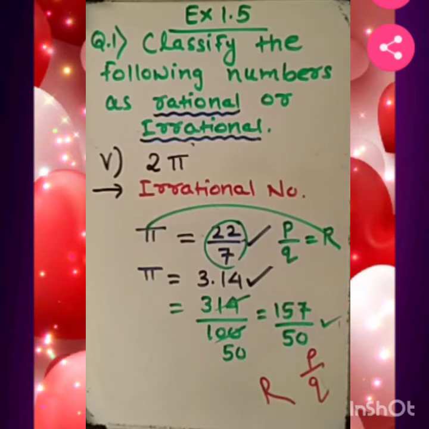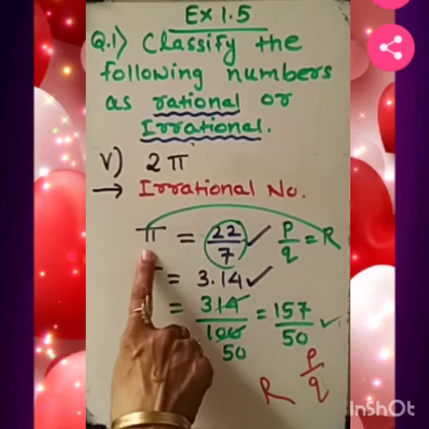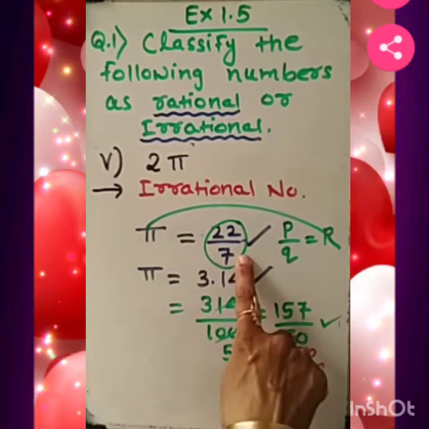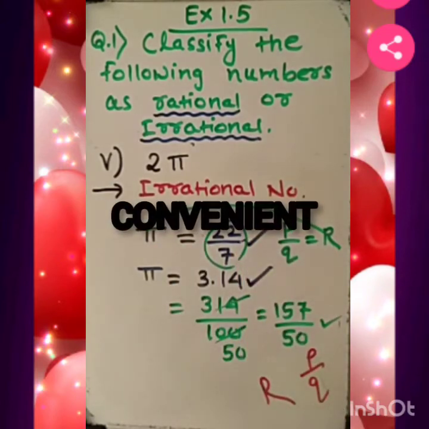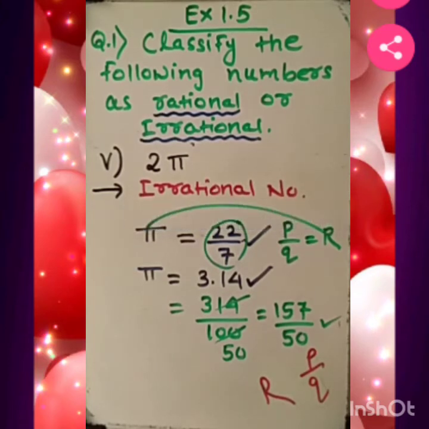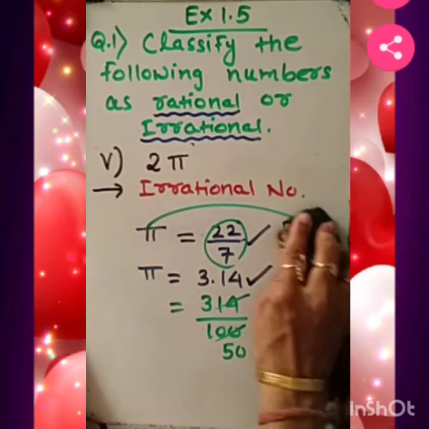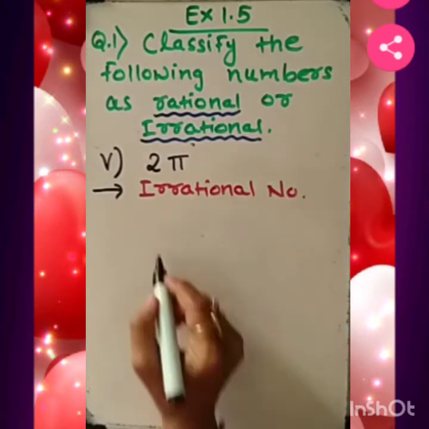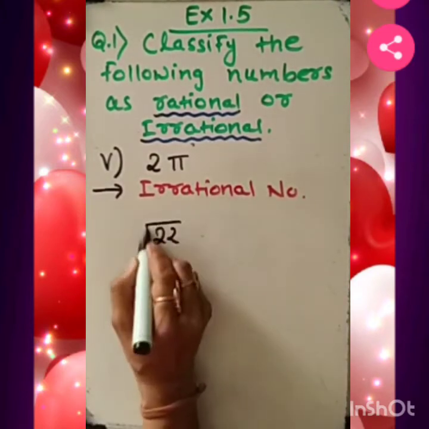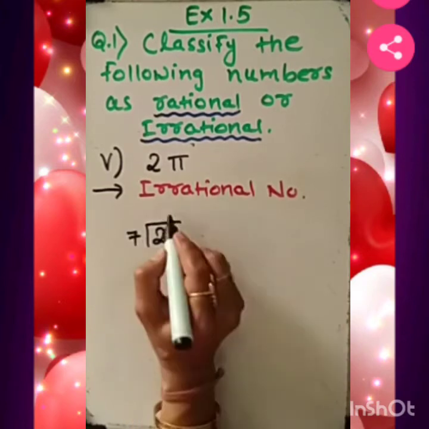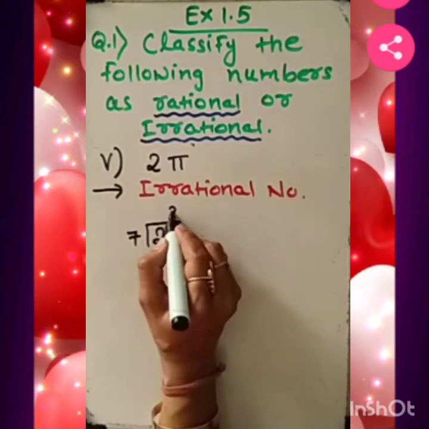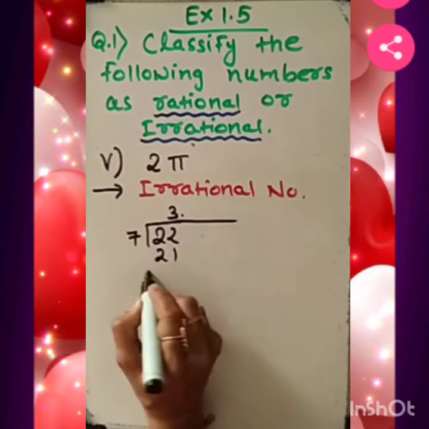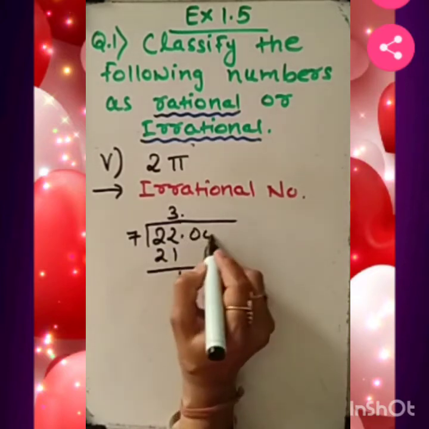What is the reason? As I explained, we take 22 by 7 as the value of pi for our comfort while solving the sum only. Actually, in reality, when you really divide 22 by 7, you will get amazing results. Let's try. Roughly I am showing you here: 7 3s are 21, then 1, 0, 0, 0 will go on.